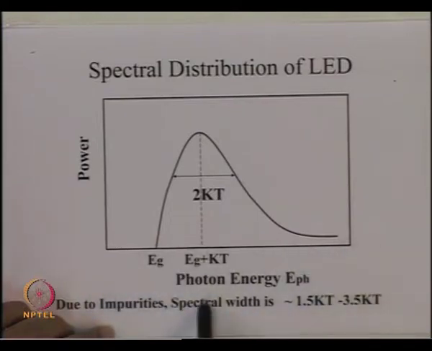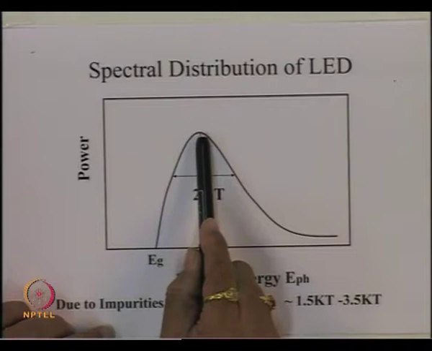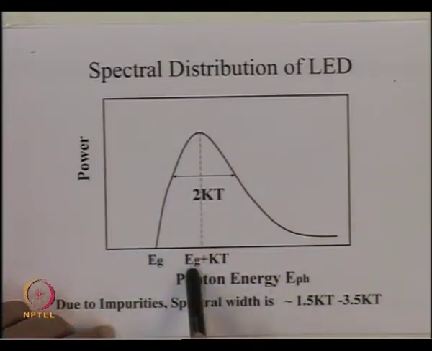As the photon energy increases, the number of photons or the power increases. It reaches the maximum when photon energy is EG plus kT, and then again it starts decreasing exponentially, and for large photon energy the power is practically 0.